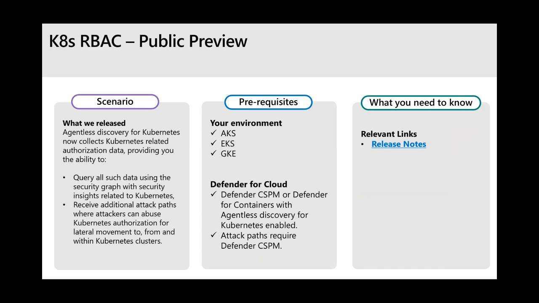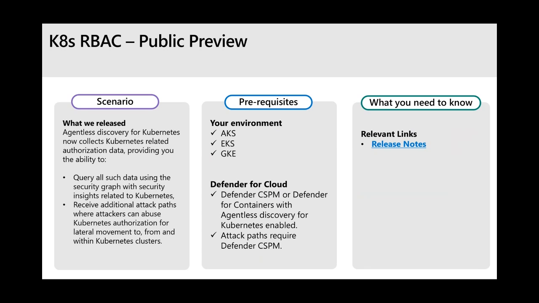And with this information, customers can now use the Cloud Security Explorer to query entities such as the Kubernetes service accounts and their associated permissions, impersonation capabilities, and also permissions associated with the Kubernetes workloads via the service accounts. And this Kubernetes identity and access information is also being used to expose new attack methods, which is enriched with our attack paths. So you'll see that this information is also included in the attack paths as well.